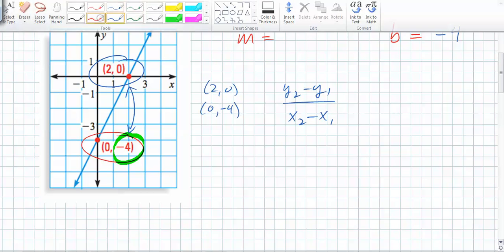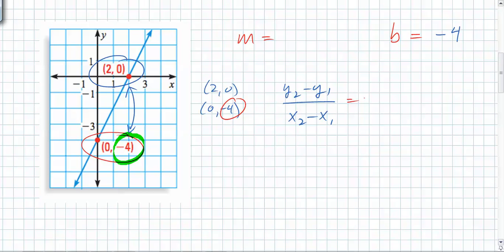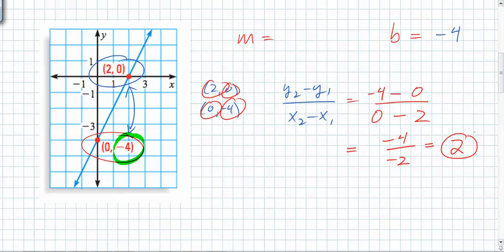So we'll call this one y2, so negative 4 minus 0 over 0, that's x2, minus 2. So that's going to be negative 4 over negative 2. Negative over negative is a positive. 4 over 2 is 2, so our slope, in this case, is 2.